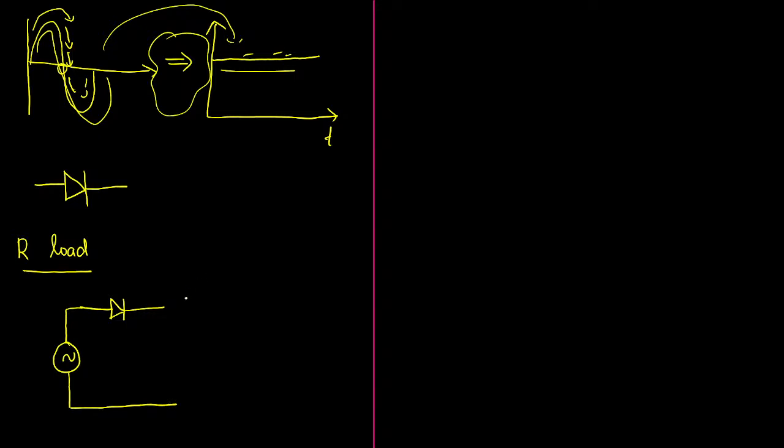After that, I connect it with a load and observe its waveform and how it behaves. This load is purely resistive. So what will happen here? The current flow through the diode will be like this.